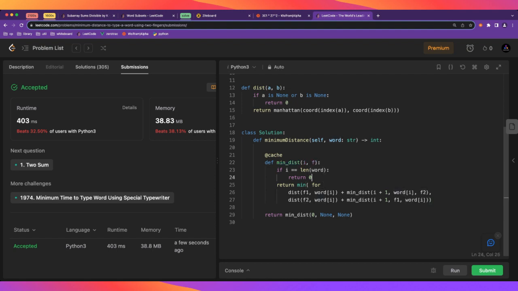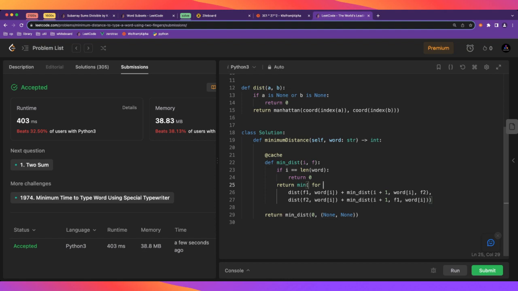So let's say that the fingers are, what if the fingers are what? Yeah, no, this is not gonna be clean, I guess. Okay, let's see. So what if they are a tuple?